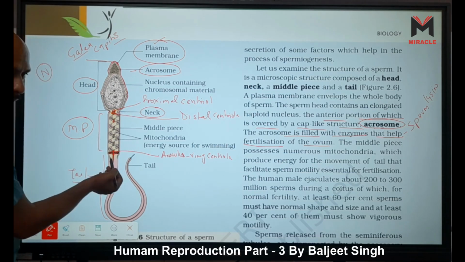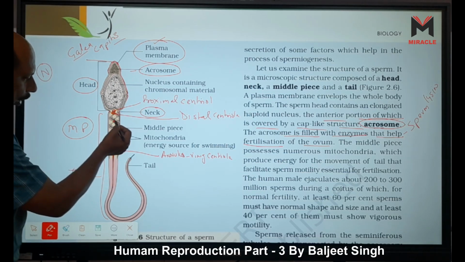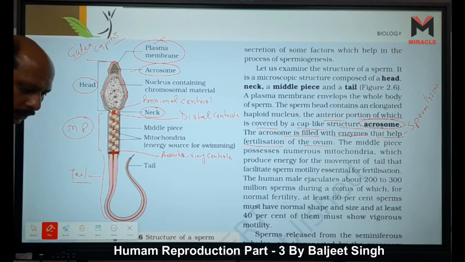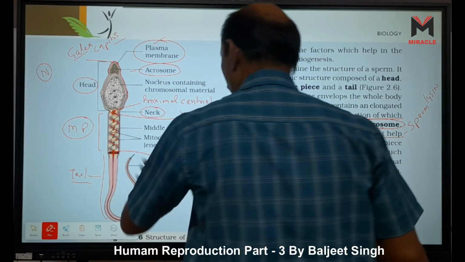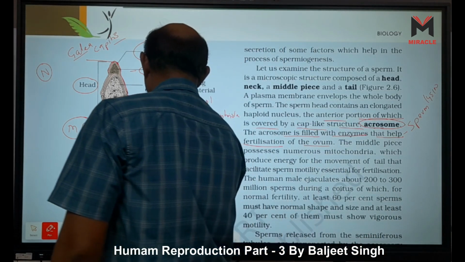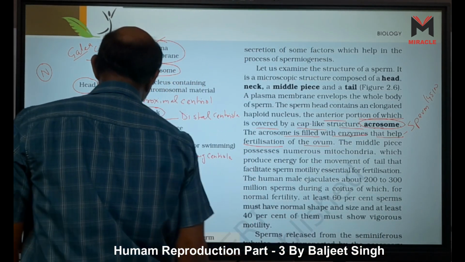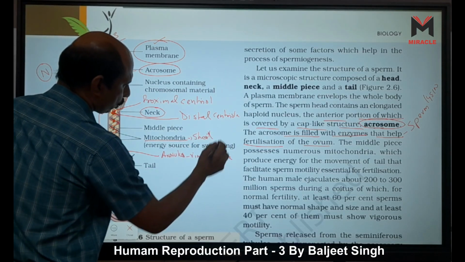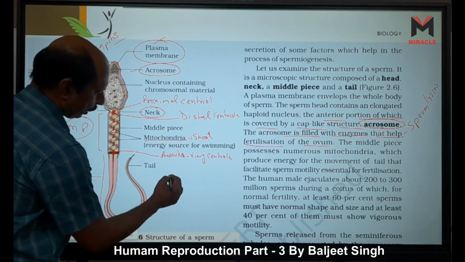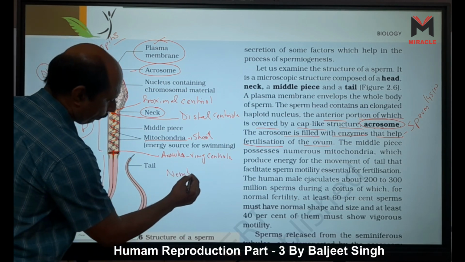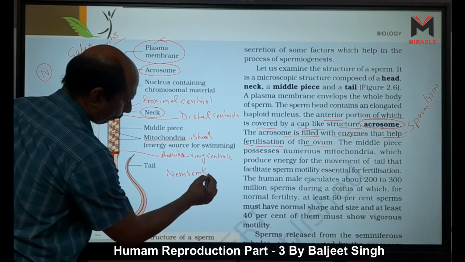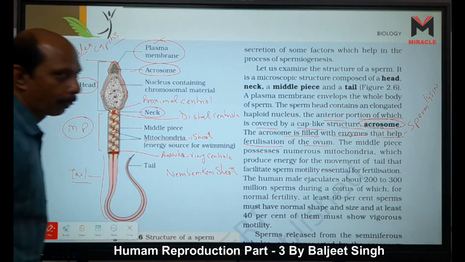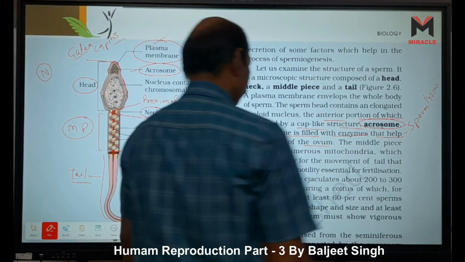Now this filament is also surrounded by a spiral, right? What is there? Mitochondria. This mitochondrial spiral is called the mitochondrial sheath, also called the Nebenkern sheath, right?